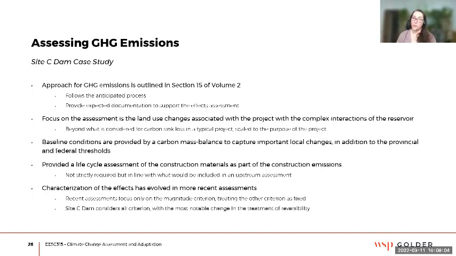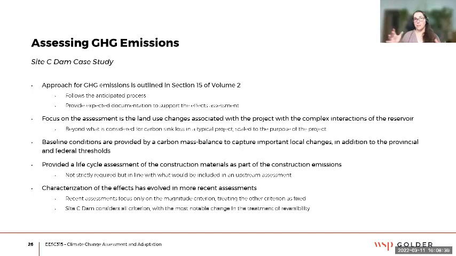So they've sat down and thought about where my greenhouse gases are going to be emitted, where these interactions are going to be happening, and how to capture those in a reasonably defensible manner. And because of the complexities, the standard emission factor way of saying, oh, I've cleared 5 hectares and I'm going to multiply it by this kind of trees for the carbon storage to get my greenhouse gases, is not going to work. So that is a really interesting way of seeing how that was put together.